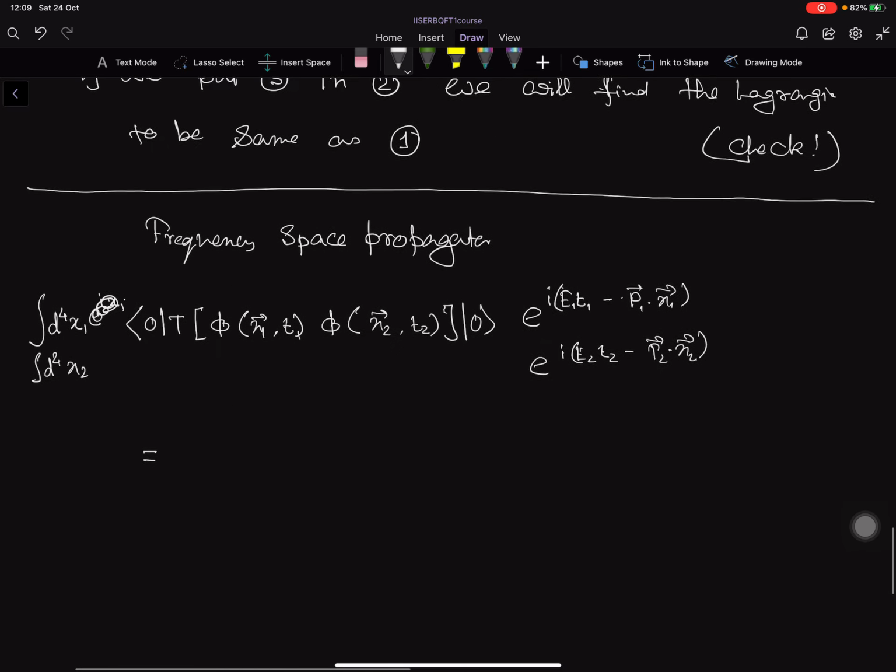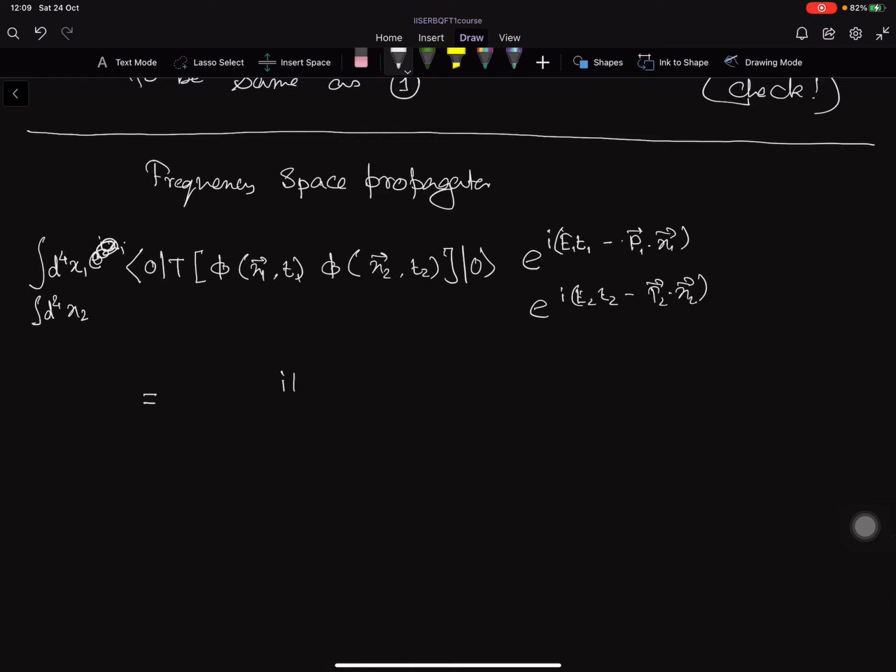So the expression will finally become i h bar over e1 square minus p1 square minus m square plus i epsilon, times d3 of p1 minus p2, I mean p vector 1 minus p vector 2, and then d of e1 minus e2.